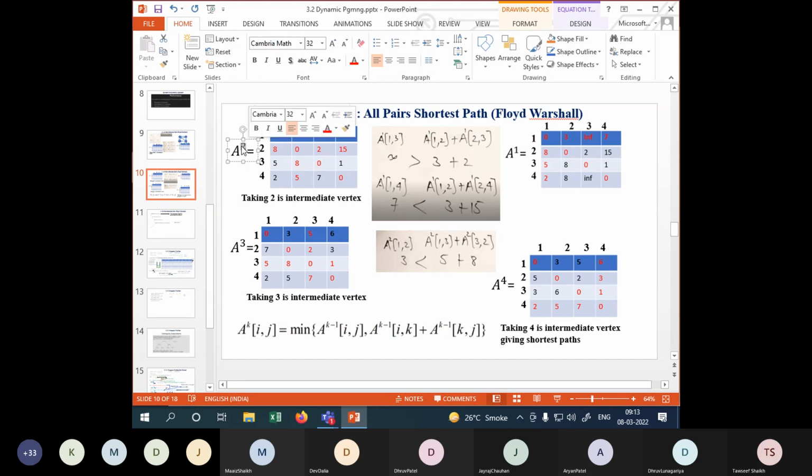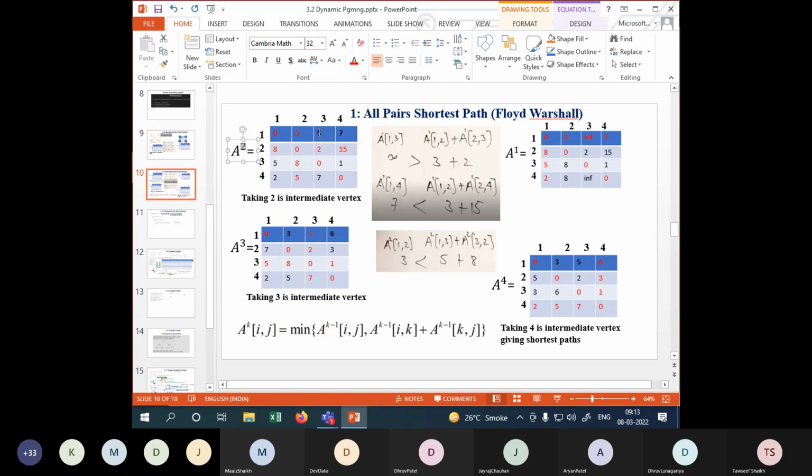Here we are introducing the second one as the intermediate one. So divide this A 1 to 3 into A 1 to 2 and A 2 to 3. So A 1 to 3, this we have to take from the previous matrix, because we are actually taking from A1.